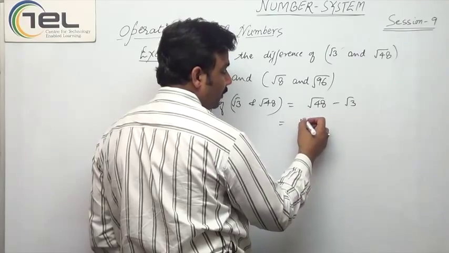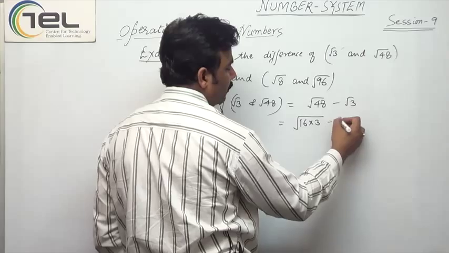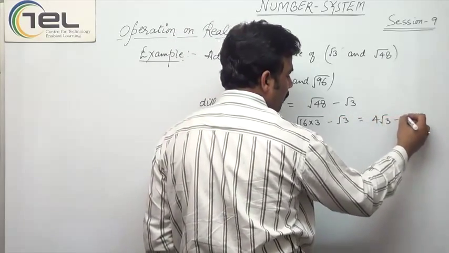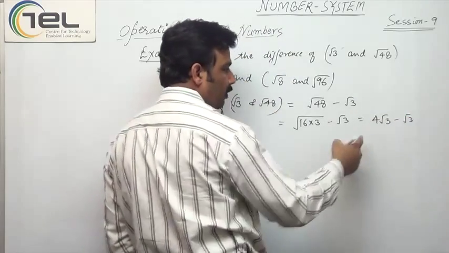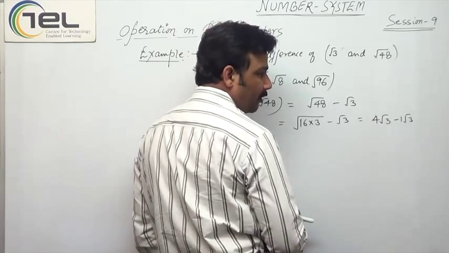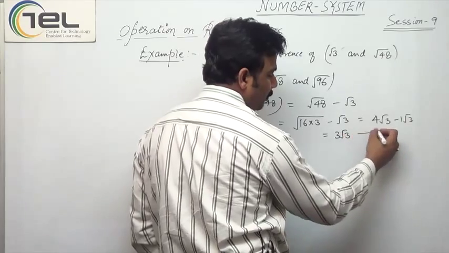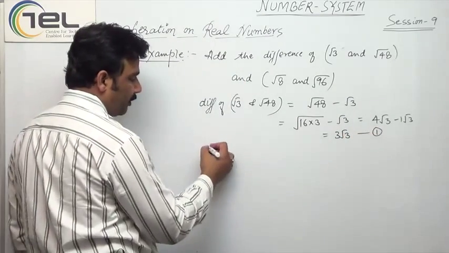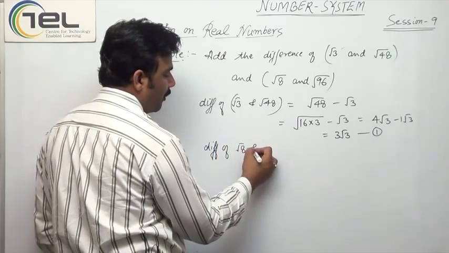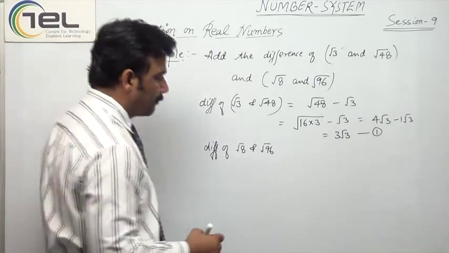So 48 can be written as 16 into 3. This can be taken as 4 times root 3, when we subtract from it 1 time root 3, we will have 3 root 3. So this is the first. Now the difference of root 8 and root 96, what we will have?